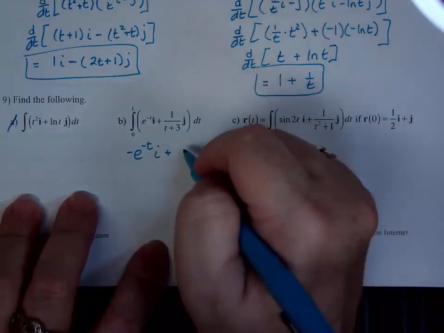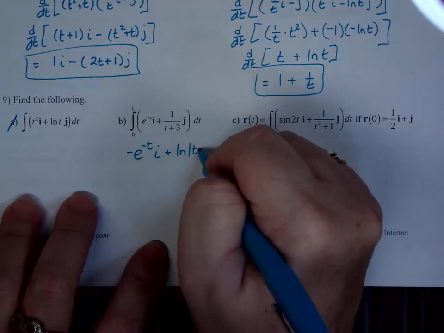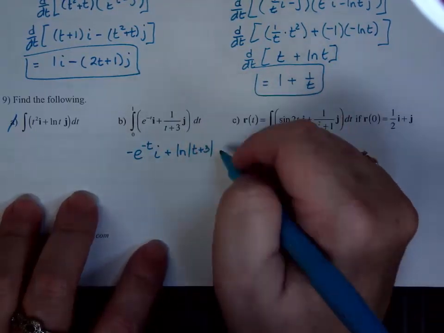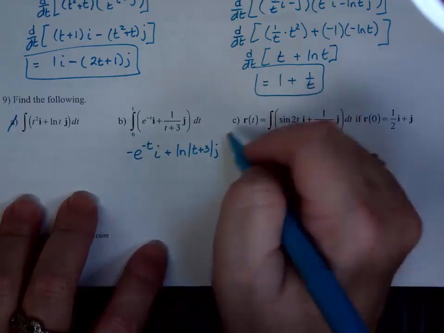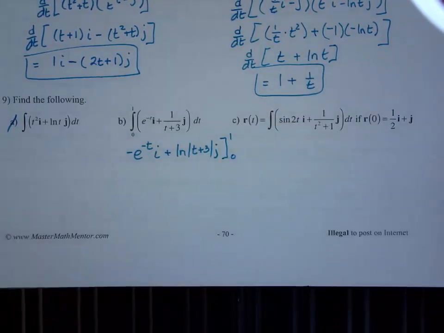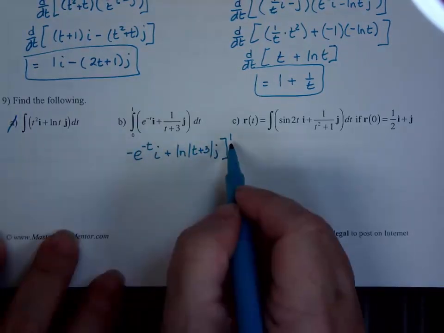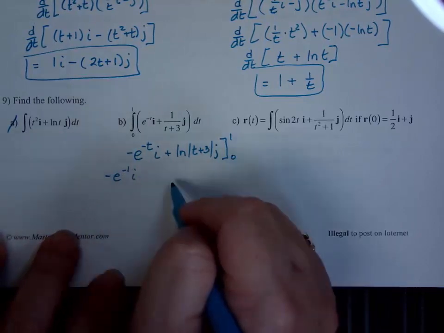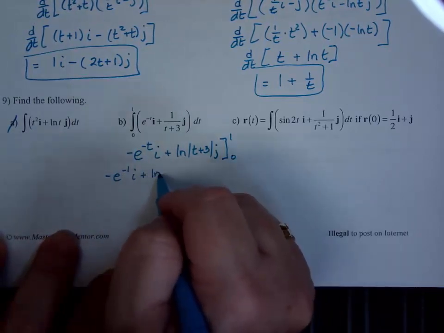That is an ln of the absolute value of t plus 3. Top is derivative of bottom, so it's ln. Put the j on it. Put your back bracket, 0 to 1. So you just took the antiderivative of each term. The i's and j's kind of just sit there. And now we plug the values in. So we now plug in negative e to the negative 1 i plus ln of what number?